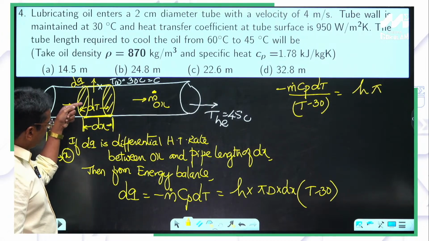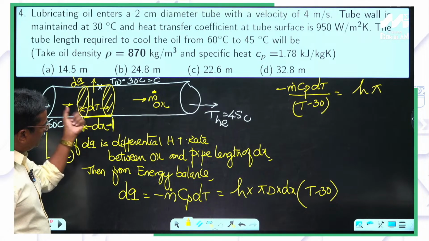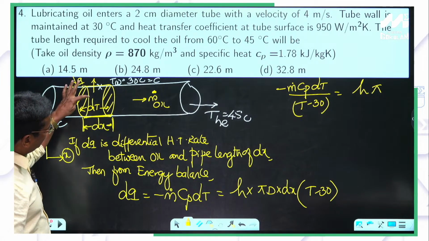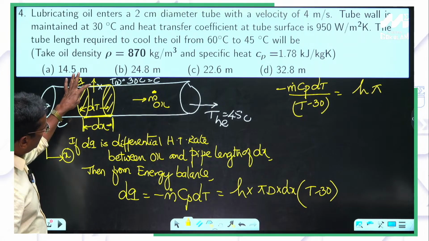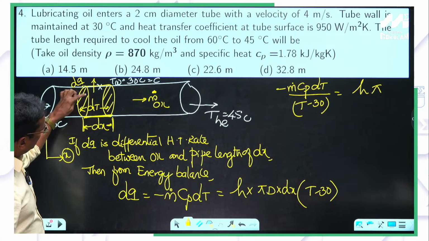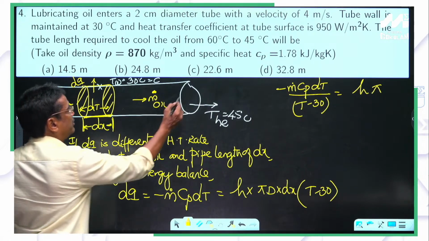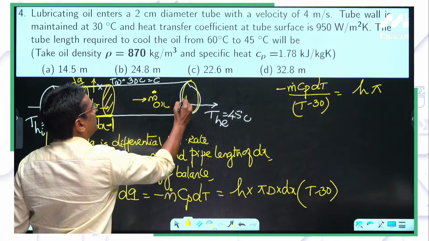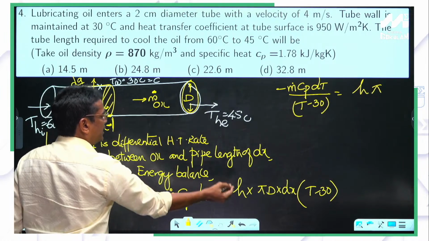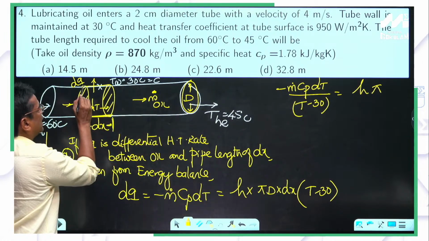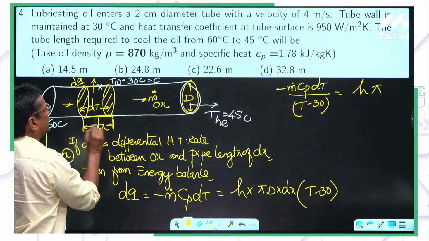As the oil passes through this differential control volume, what is the area of contact between the oil and the pipe for this differential length? Pi d, d is the diameter of the pipe, pi d into dx, that is the contact area or the convection area.